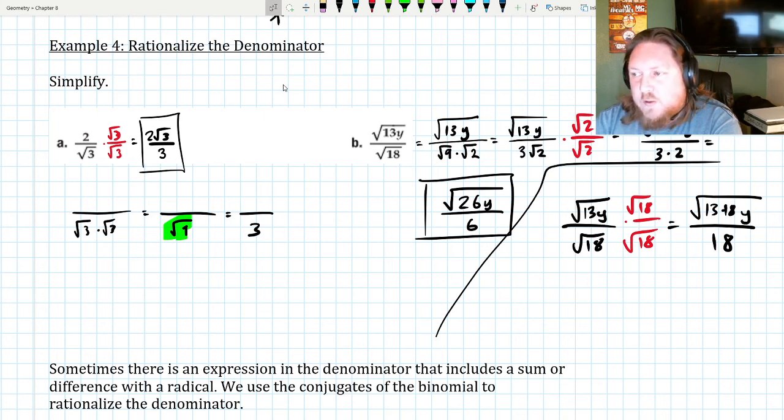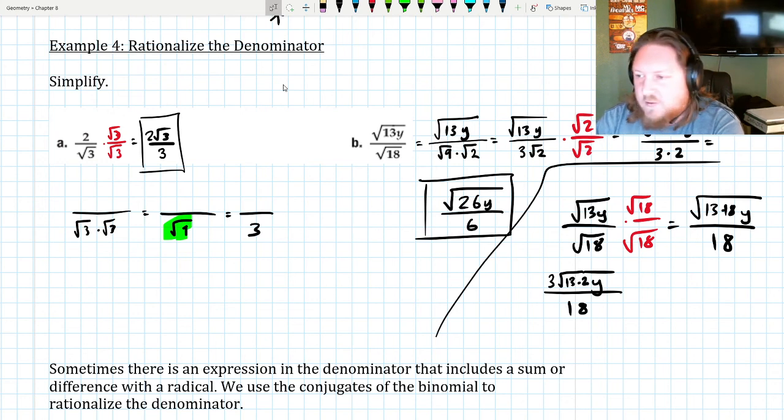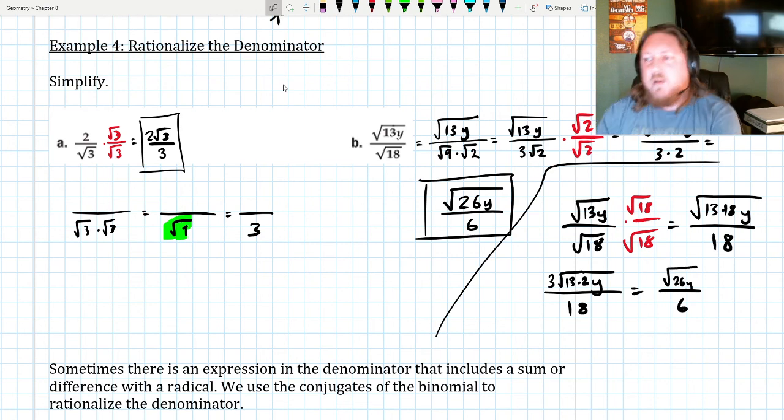Well, I could still reduce that 18, right? Turn it into 9 times 2 there. Take the square root of 9. I get 3 times 13 times 2y over 18. Guess what the 3 and 18 reduce down to? 6. And 13 times 2 is 26y. So I still could have gotten there. I just would have had to reduce a fraction at the end.